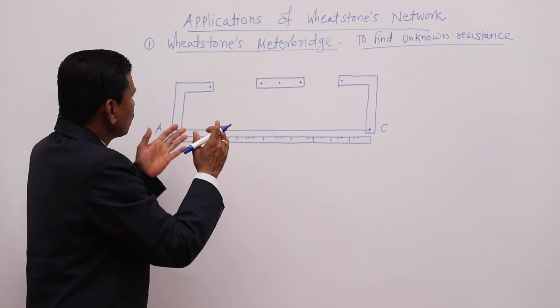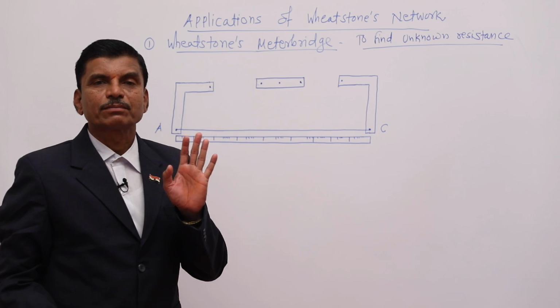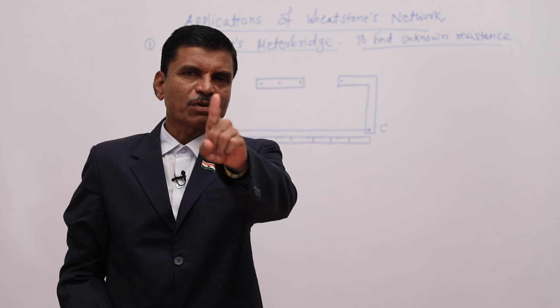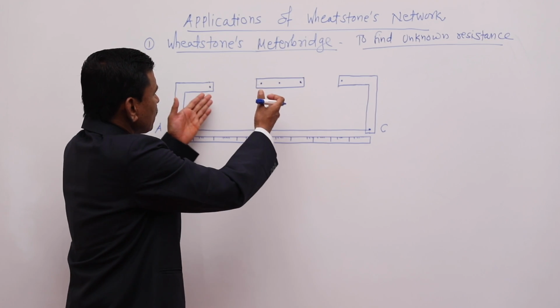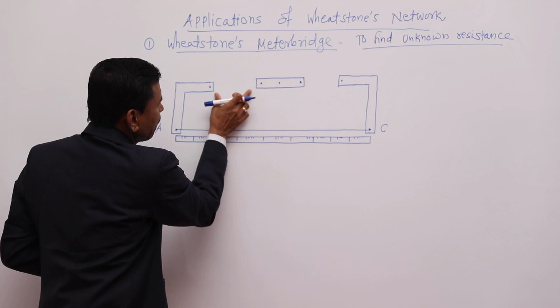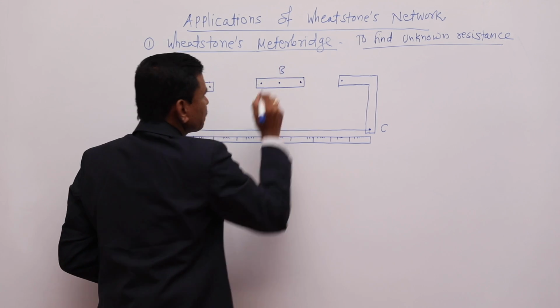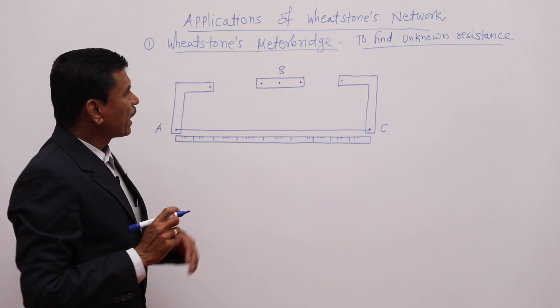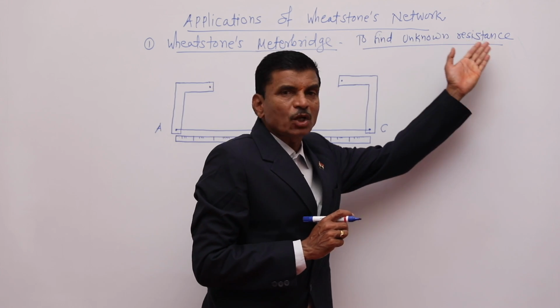So this is our Wheatstone meter bridge. What does it consist of? 3 copper strips, 1 uniform wire, 1 meter scale. After observing this, it has a left gap, a right gap, and a center point B. And what is the use of this? To find an unknown resistance.